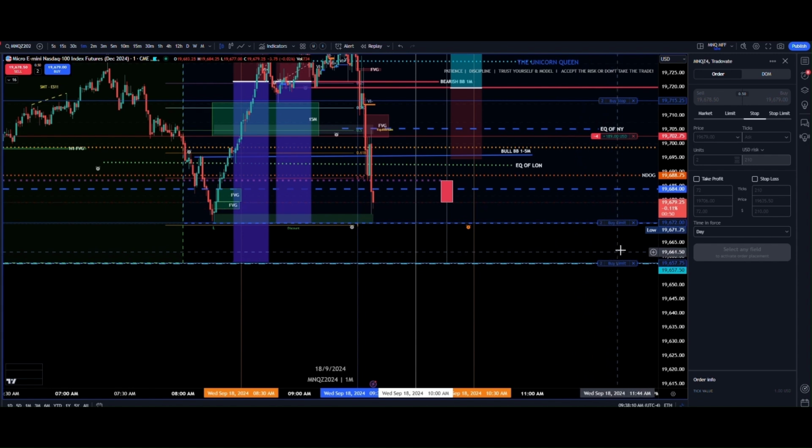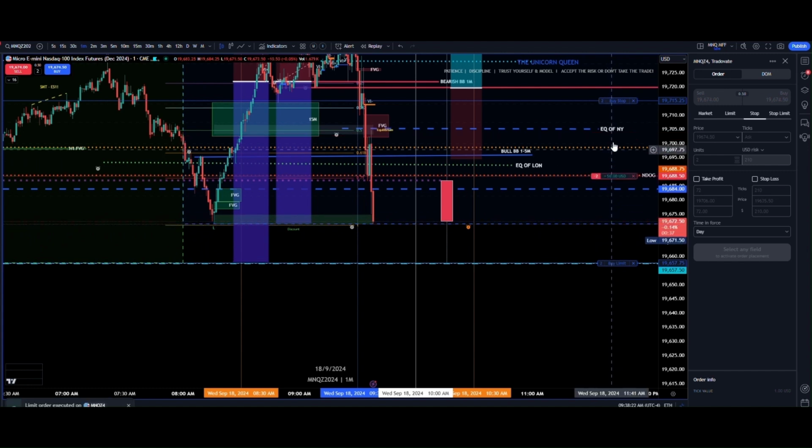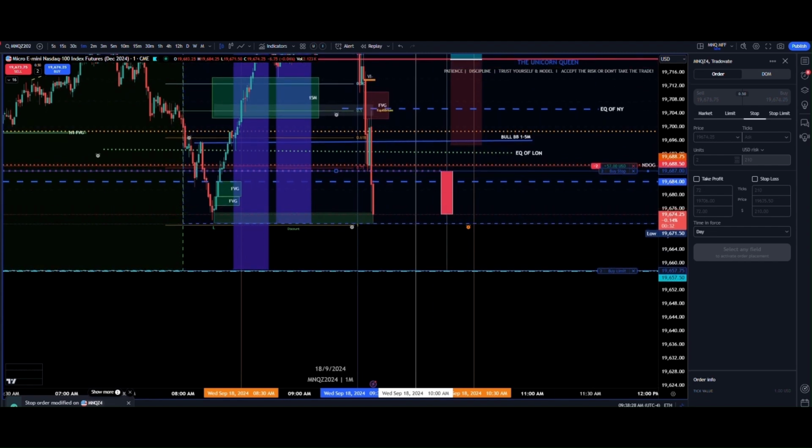And I forgot to move my stop loss down and adjust it by 4 just in case price was to shoot up. You always want to manage your stop losses because you never know what's going to happen. And there go the other two contracts. Now I'm at break even in profit.